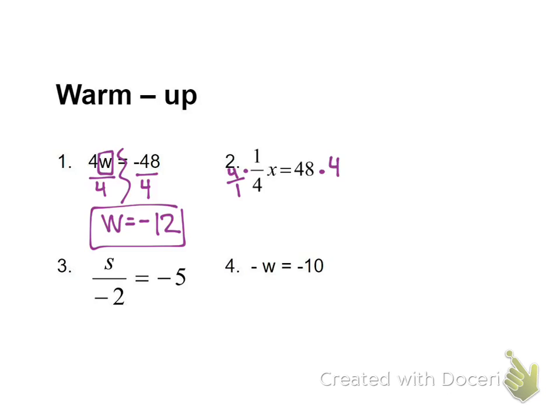So we're multiplying both sides by 4 over 1, or just 4. So on the left side, those fractions cancel each other out. That leaves us with the x. 48 times 4. Brian? I was going to ask you a question. Let's get through this and then I'll take your question. 48 times 4? 192.